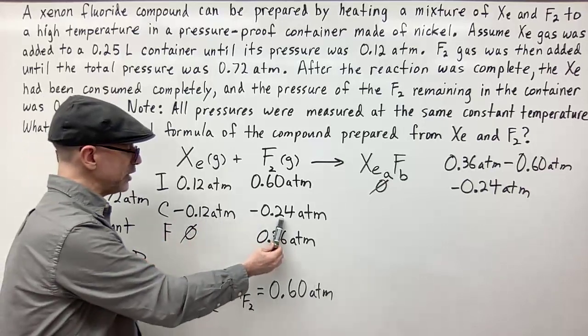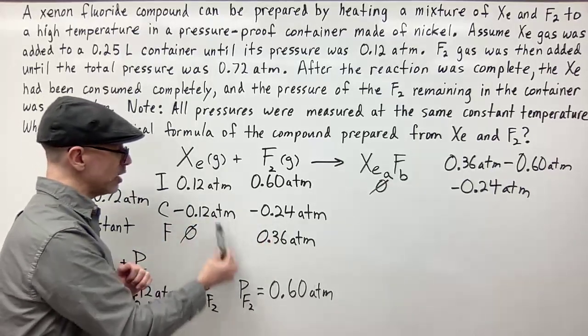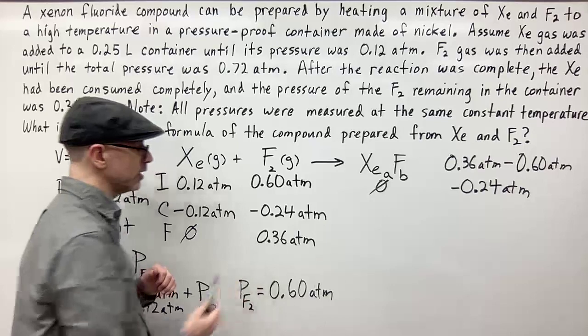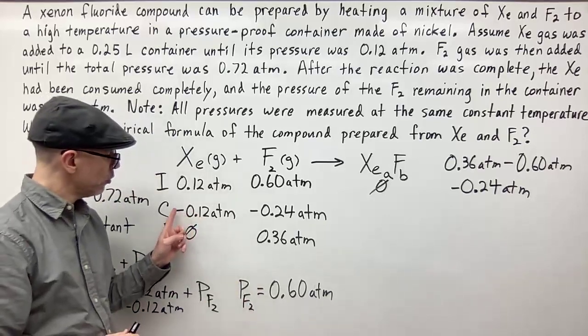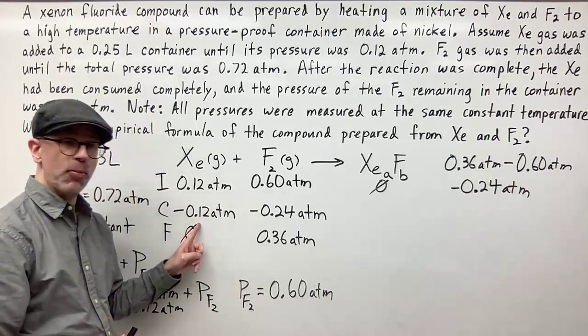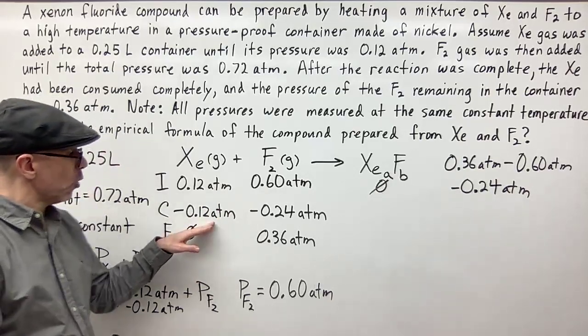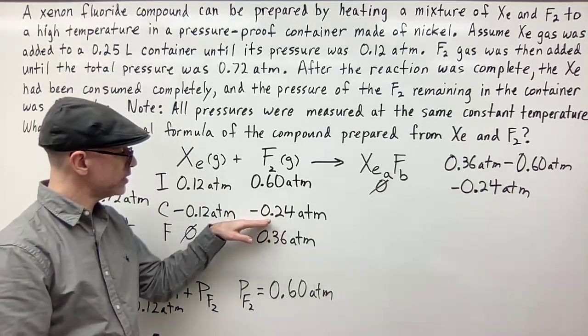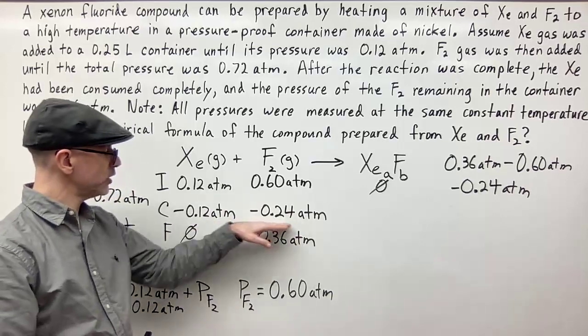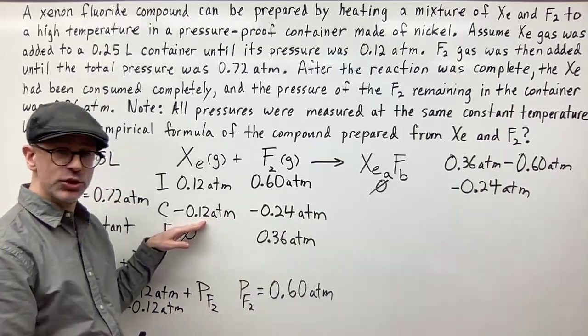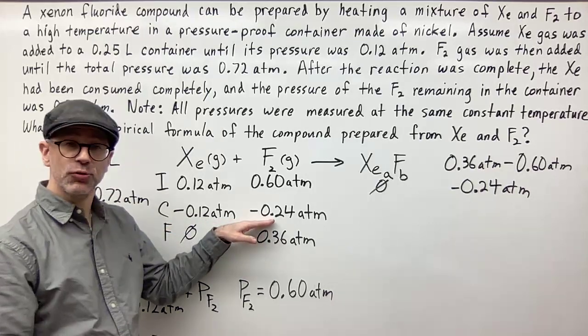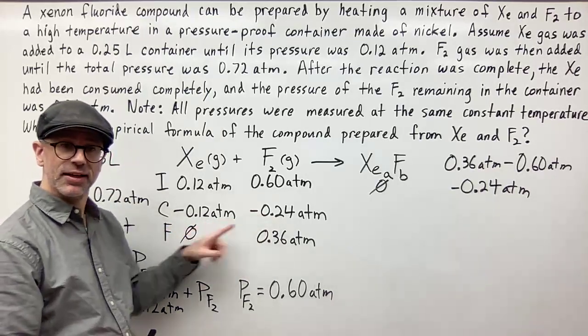Notice the relationship between the loss here and the loss here. So we lost 0.12 atmospheres, right? We lost fluorine 0.24. What's the relationship between 0.12 and 0.24? Do you see it?